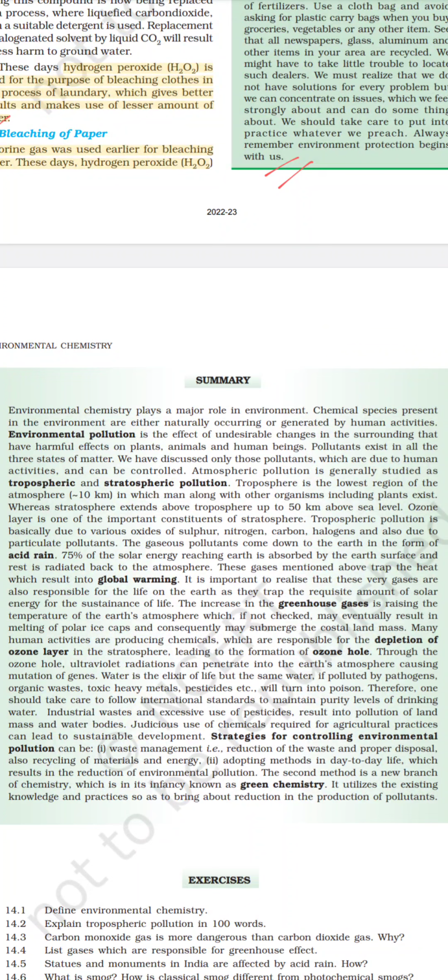Atmospheric pollution is generally studied as tropospheric and stratospheric pollution. Troposphere is the lowest region of the atmosphere, up to 10 km, in which man along with other organisms including plants exist.